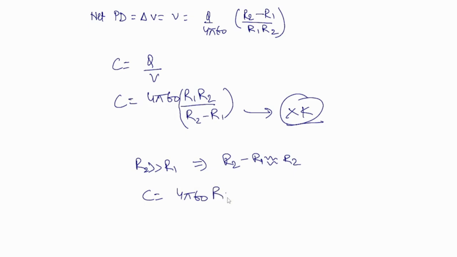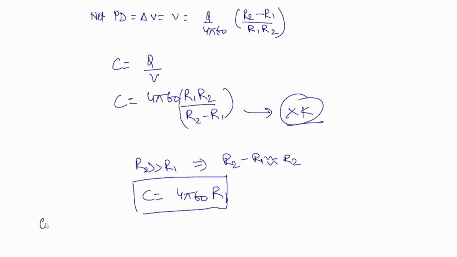It will be 4 pi epsilon naught R1, which we derived in our first or second video, for the isolated conductor. I have also told you that you can assume any conductor as a spherical capacitor whose other plate is kept at infinity. Now this has been done.